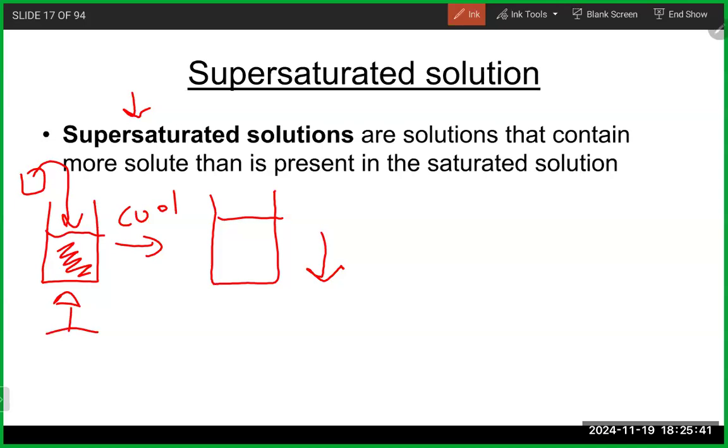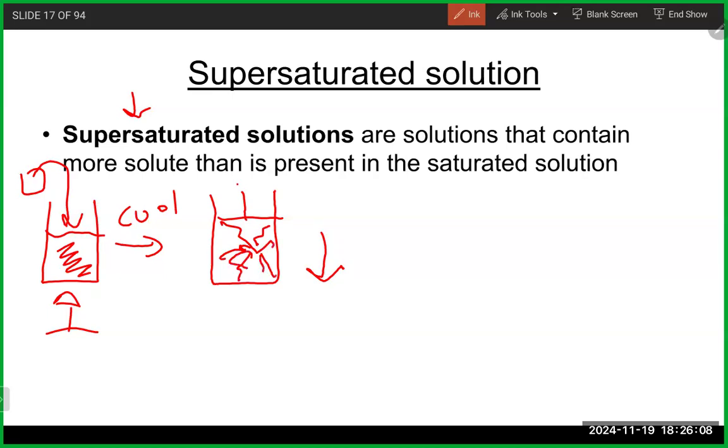It is so unstable that if you take just a speck of whatever you dissolved in it and drop this one little speck of a crystal in there, it will go, no, that's no good, that's way too much dissolved in here. And it will go from a liquid, and you could actually see the solid start to come out of solution.